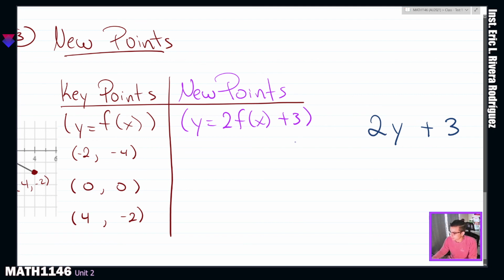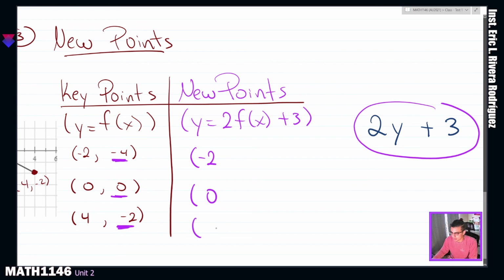Okay. So the only coordinate that is going to change here is the y values. We can put the x coordinates here because there is no horizontal transformation, so they are not going to change.